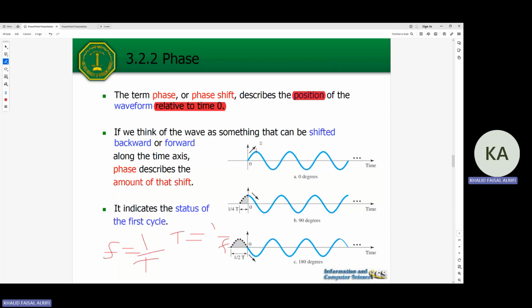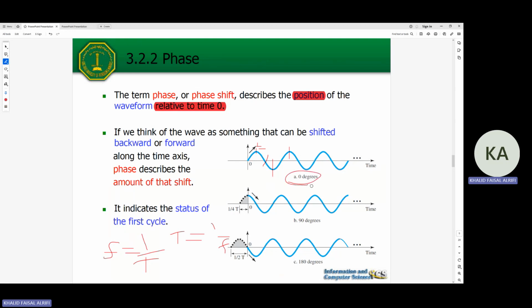Here it will be 1/4 of the period, here it will be 1/2 of the period, and here it will be 3/4 of the period, and here it will be 1. So it will be the full period. It ends here, okay.